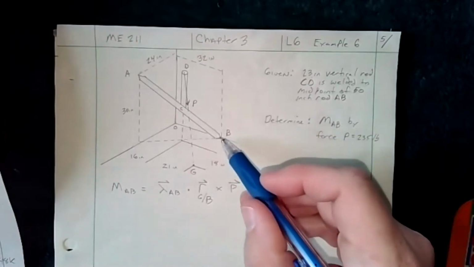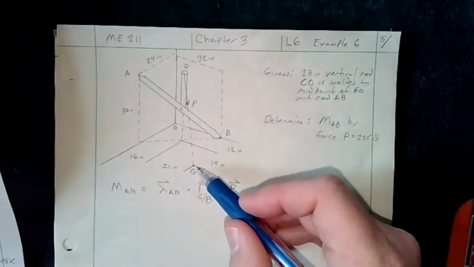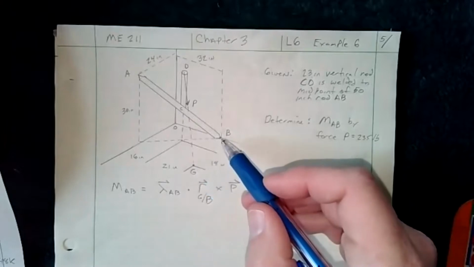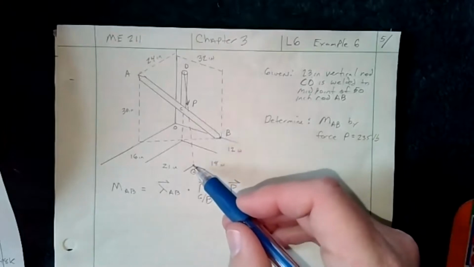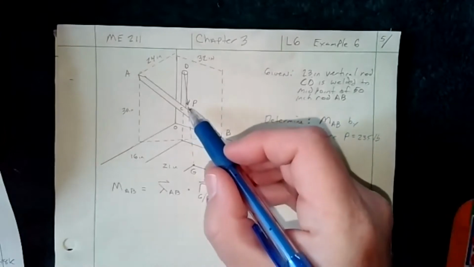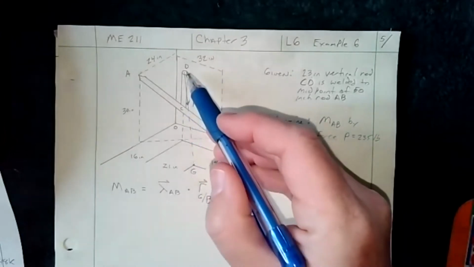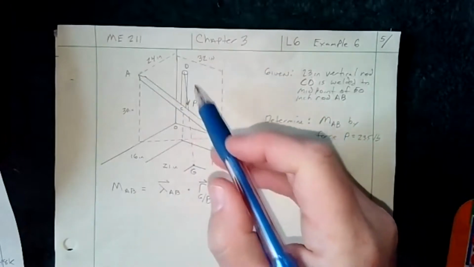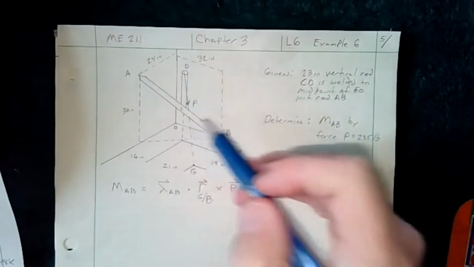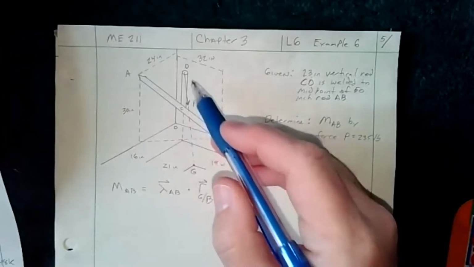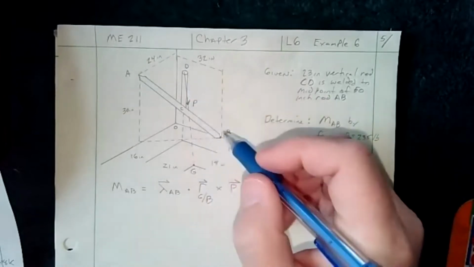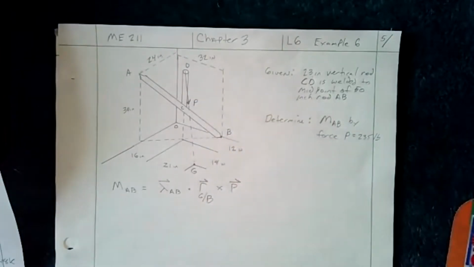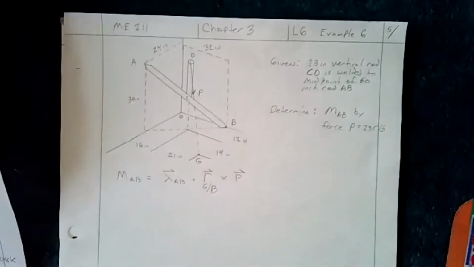I know that B is on the line, and I know that G is on the force, so I'm going to go from B to G. You could go from C to D, from A to D, from B to D. I'm sorry, not B to C. Go B to D, because you've got to be on the force. Any of those works. I picked G relative to B.